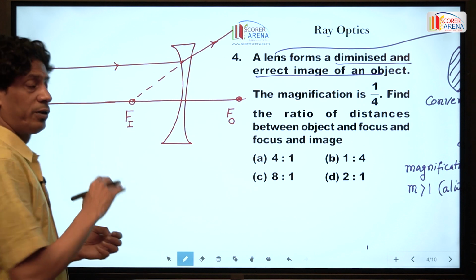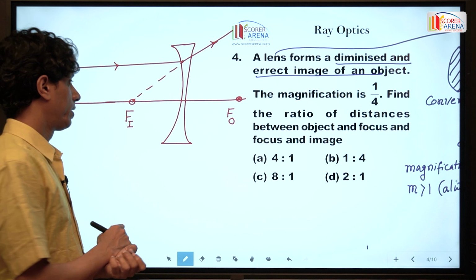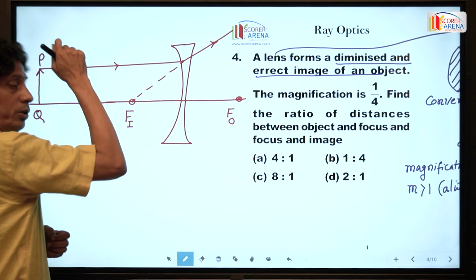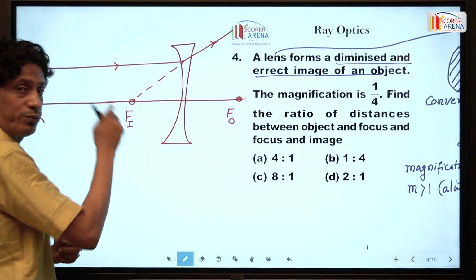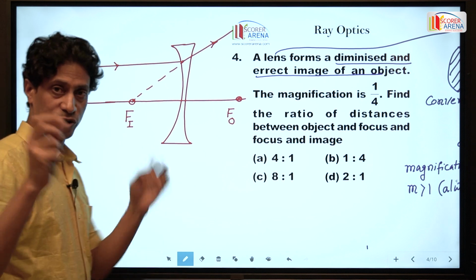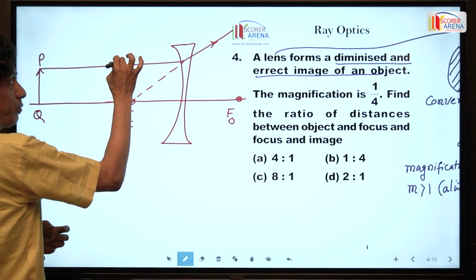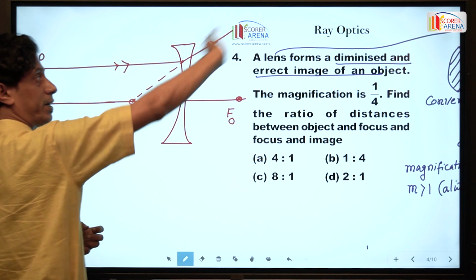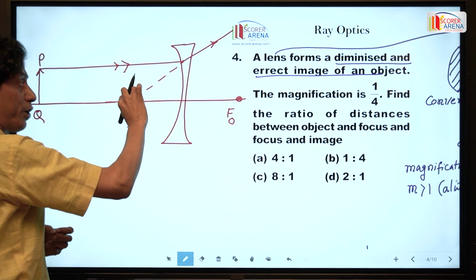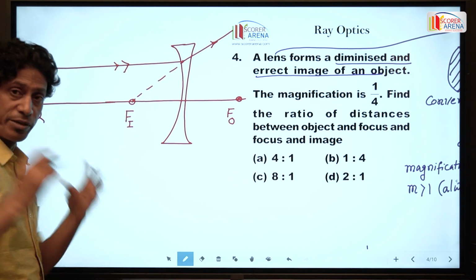This is not a textbook concept. For the application of Newton's concept, first we have to find out which one is f suffix I and which one is f suffix O. My suggestion: take a parallel ray which after refraction appears to come from a point on the principal axis, and that point is the focus, which stands for image.